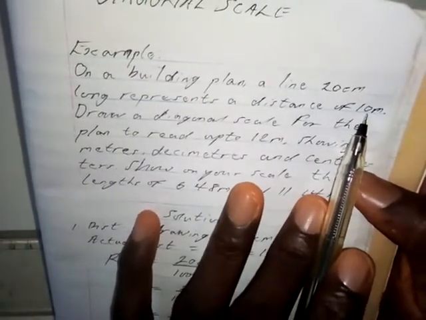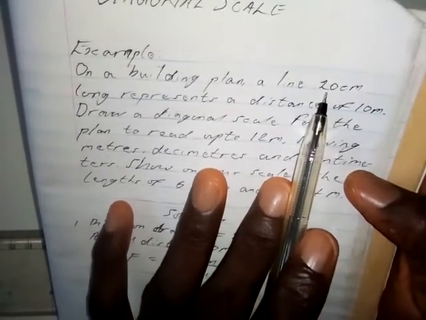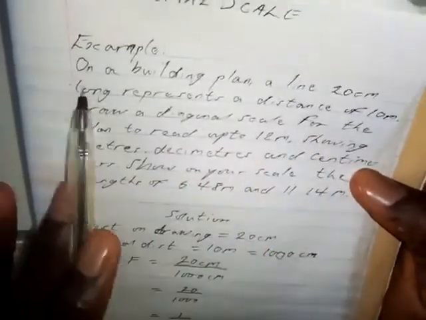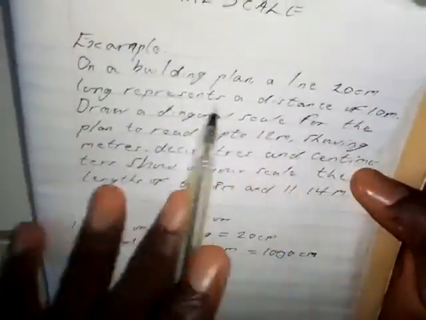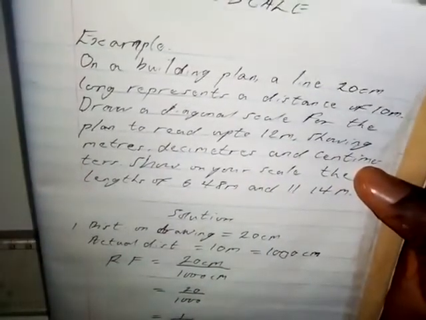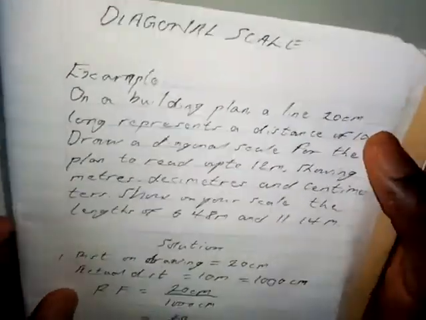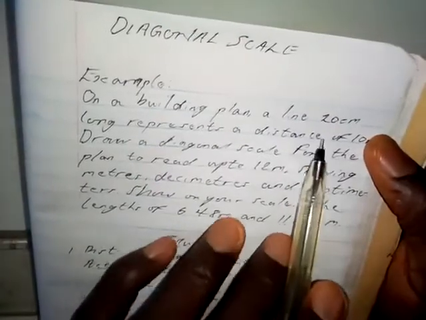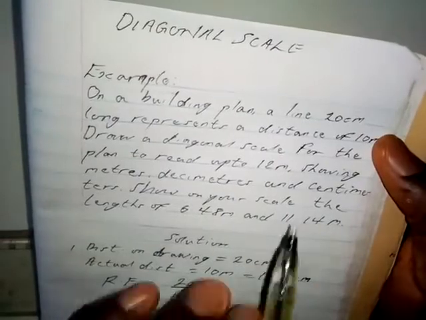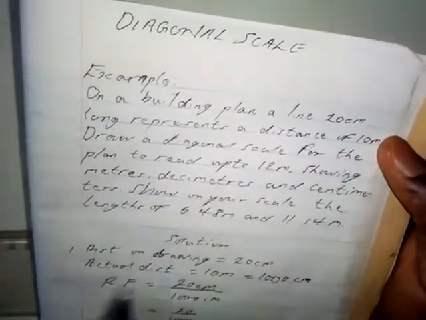The actual distance is 10 meters, while the distance on drawing is 20 centimeters. Normally the length of the building is 10 meters, but because the size of the paper is not large enough to contain 10 meters, we use 20 centimeters to represent 10 meters.